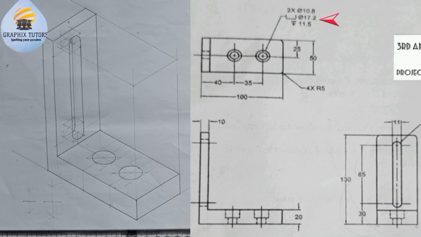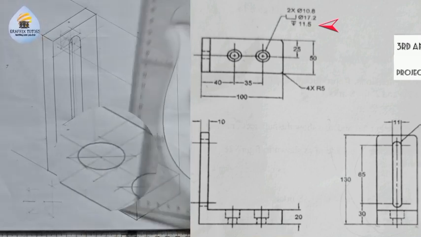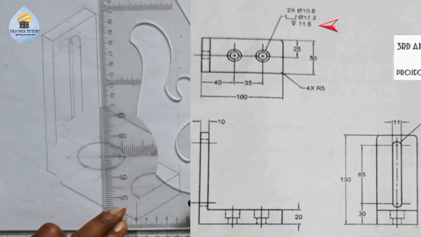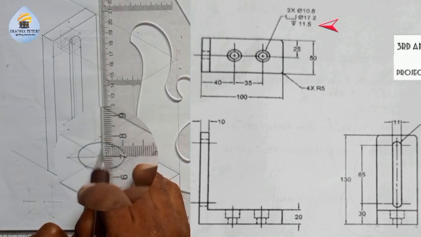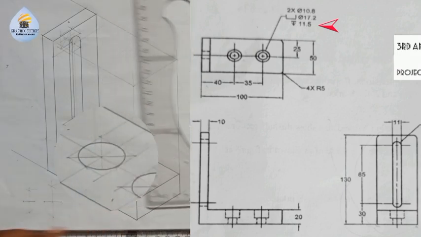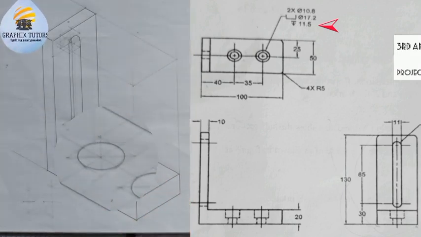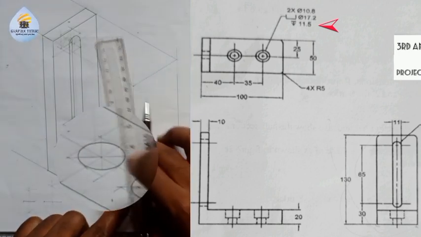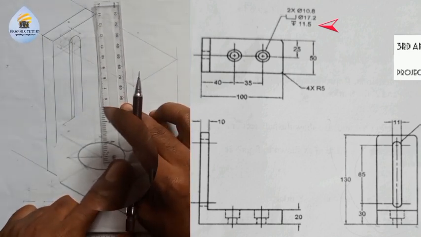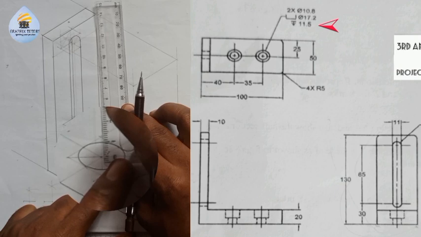Now the next thing is we're given the depth from here to be 11.5, right? So what I'm going to do is extend this downward this way, and on that point I'm going to measure 11.5. So 11 is somewhere around here.